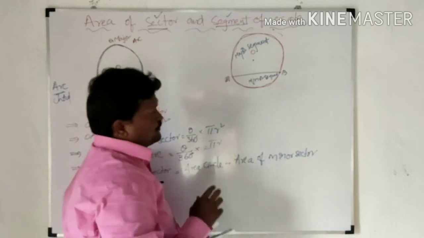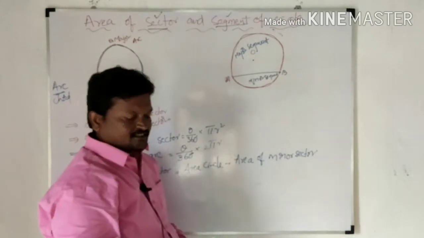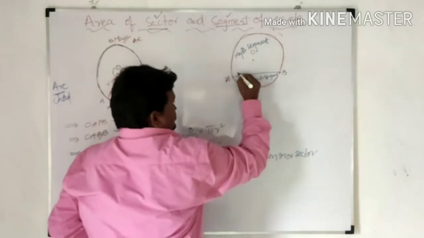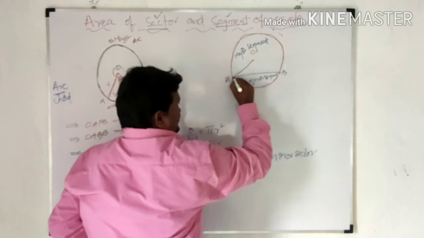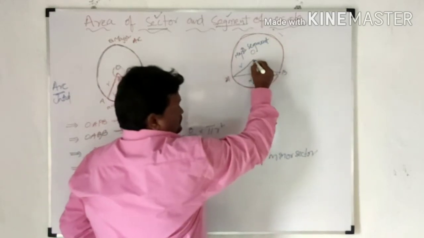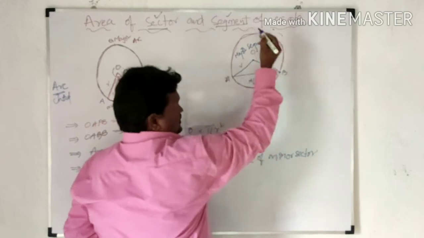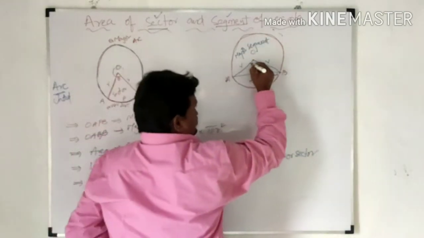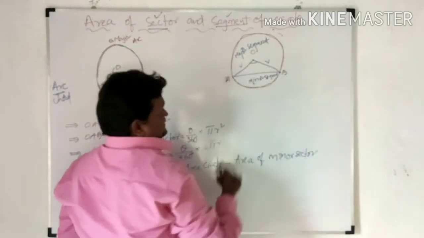For that we make some extra construction in the circle. If we join OA, it will be a radius. If we join OB, this is also a radius. Here we have some angle.